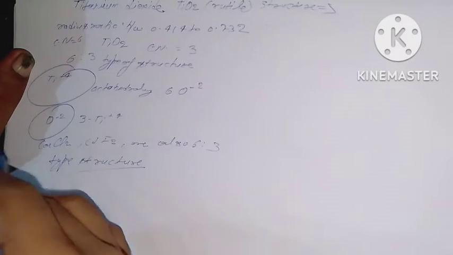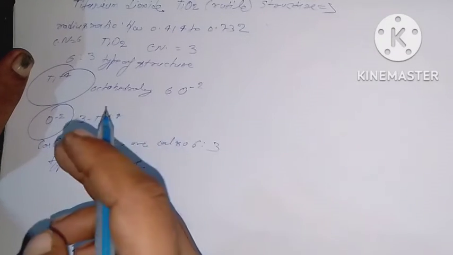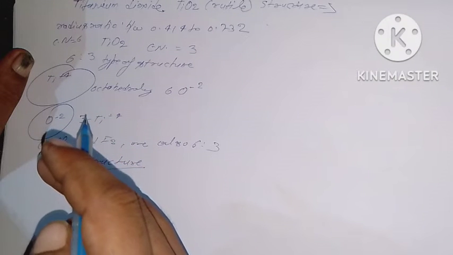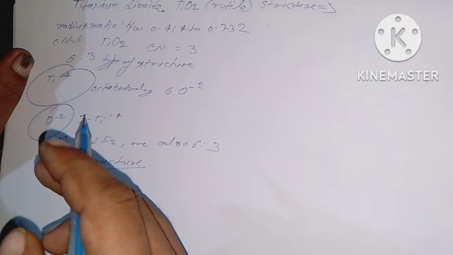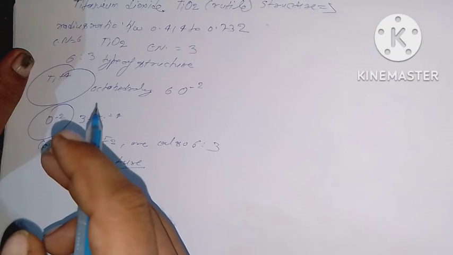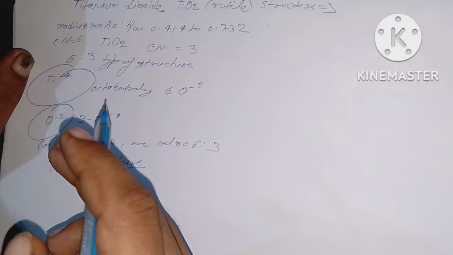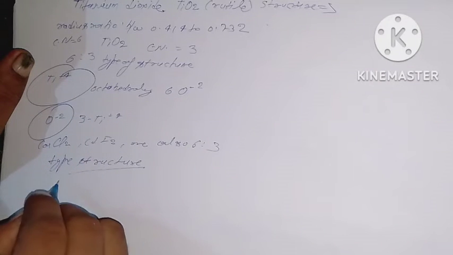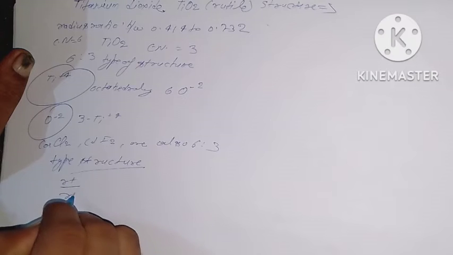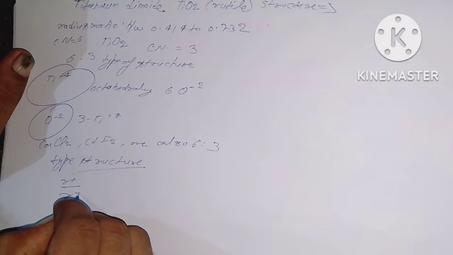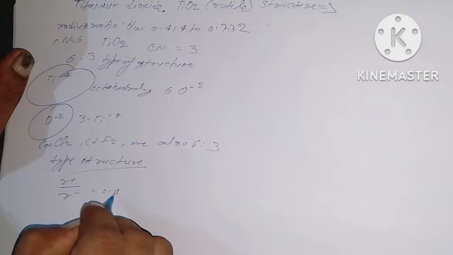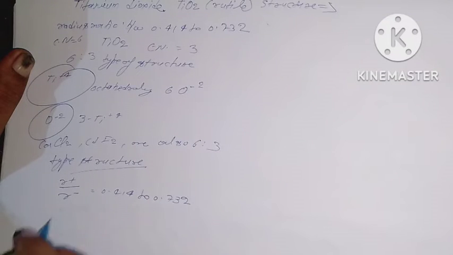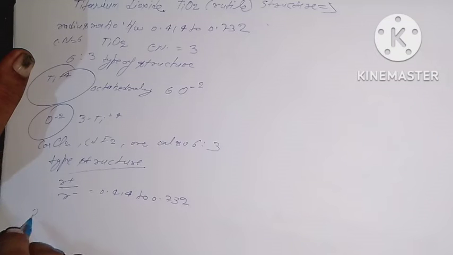Since AB has sodium chloride type structure and the coordination number of A positive ions and B negative ions is 6, A positive ions occupy octahedral holes. The value of radius ratio R positive ions upon R negative ions should be between 0.414 to 0.732.